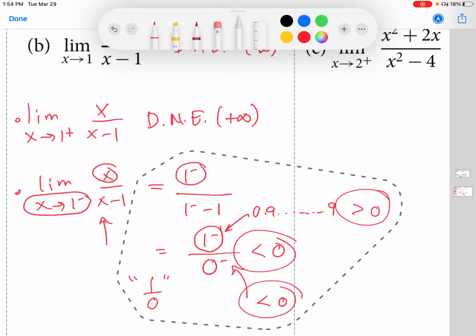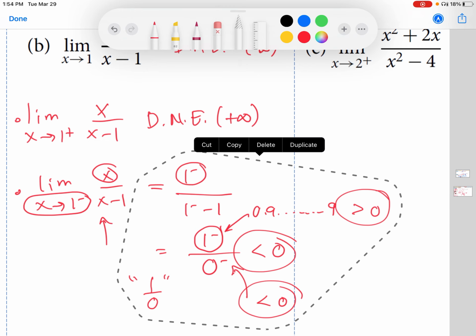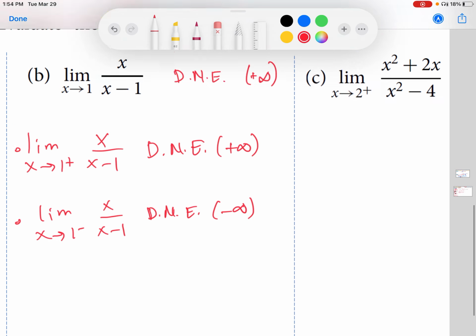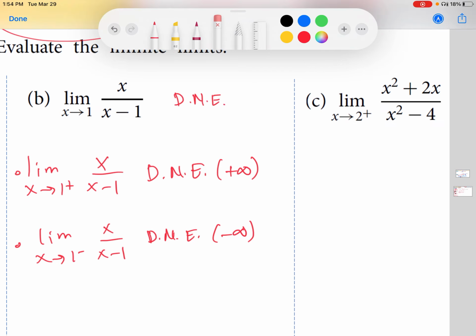So I'm going to declutter this here and then add that to our conclusion. So this limit also does not exist, and approaches minus infinity. Okay, so I'm going to go up here and then I'm going to erase this, right? Now we have all the information that we need. It turns out that as x goes to 1, this function does not go in the same direction.